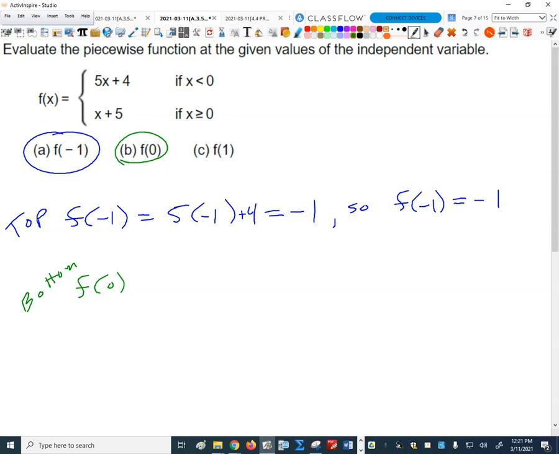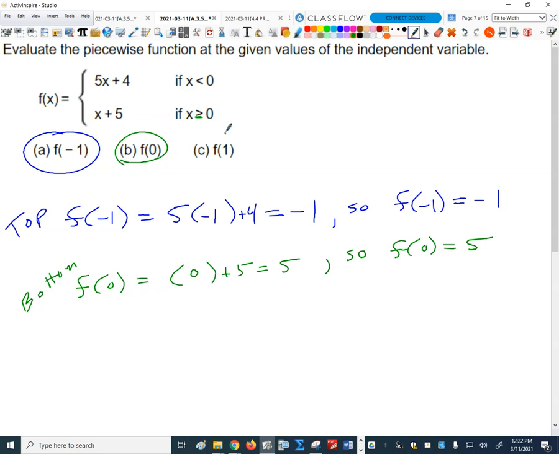It's going bottom because 0 is not less than 0. 0 is greater than or equal to 0, right? That bottom piece includes the equal sign. So every place where I have an x in the bottom, I'm just going to plug in a 0. So 0 plus 5 equals 5. So we end up with f of 0 equals 5.